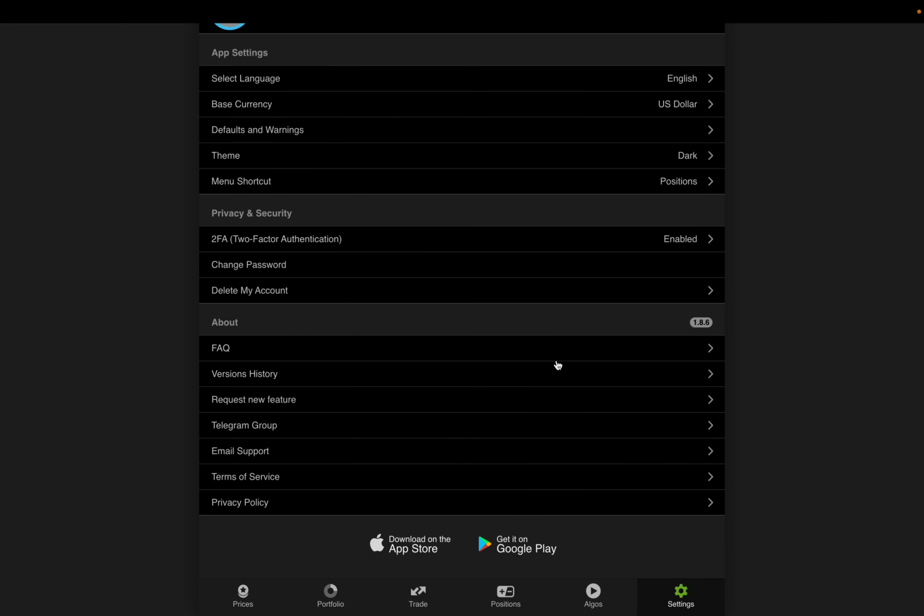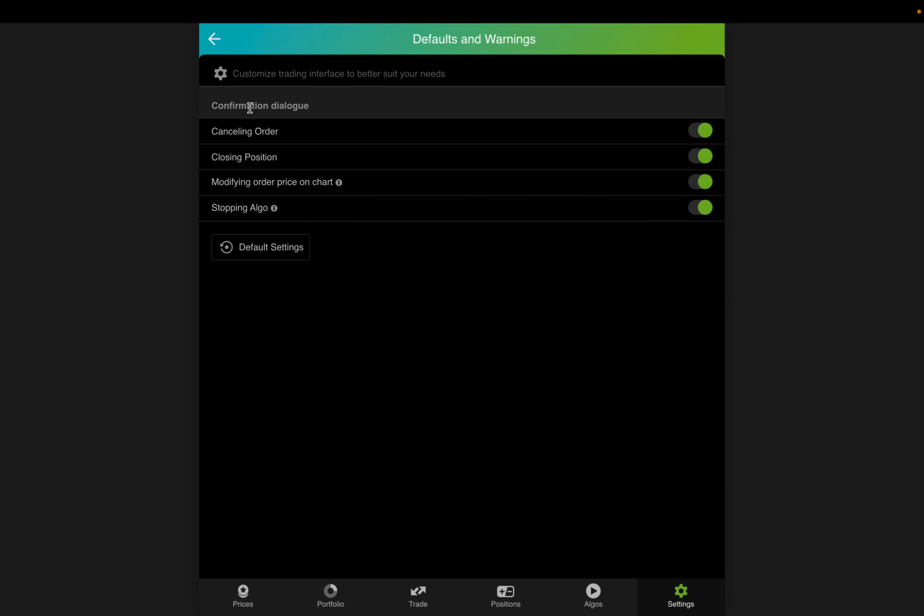Okay, and now let's get back to the second step. What we have here now is another section which is called defaults and warnings. Let me go into that. You probably noticed that in a couple of recent releases, we've introduced confirmation dialogues whenever you are canceling an order, closing a position, modifying an order price on chart, or stopping algo.